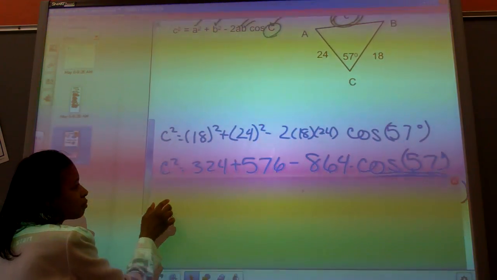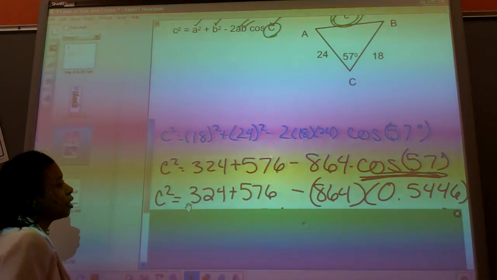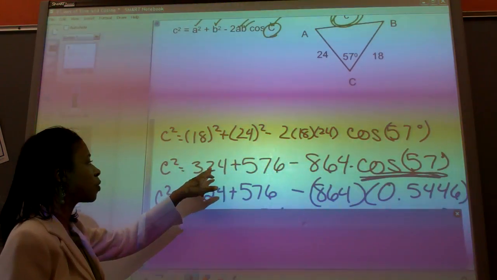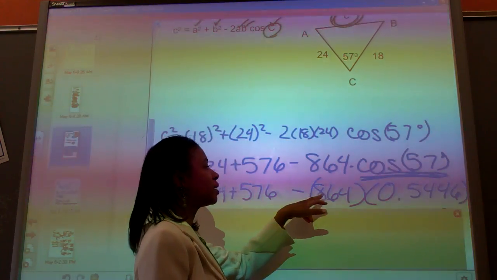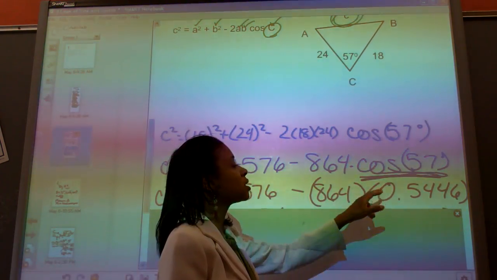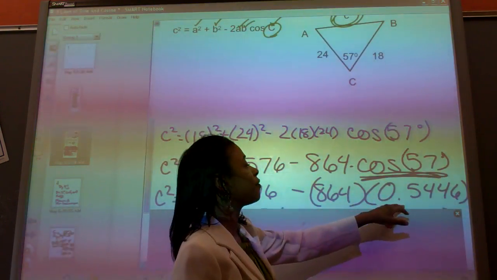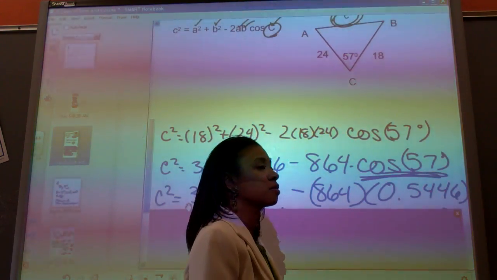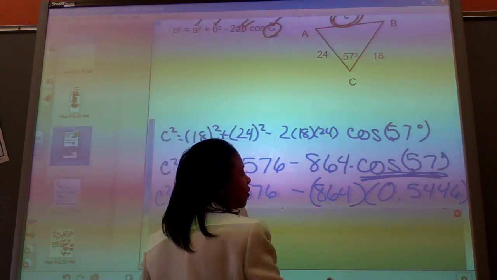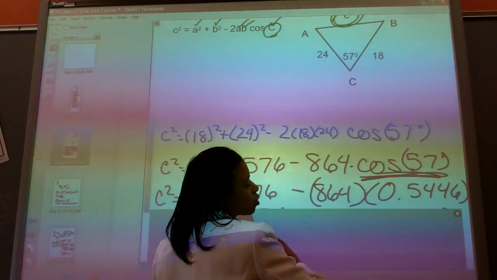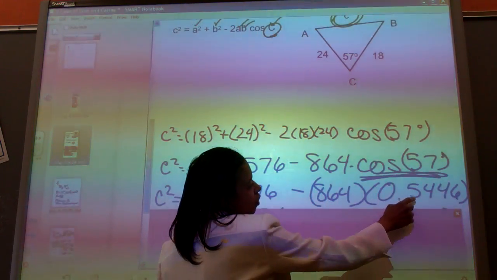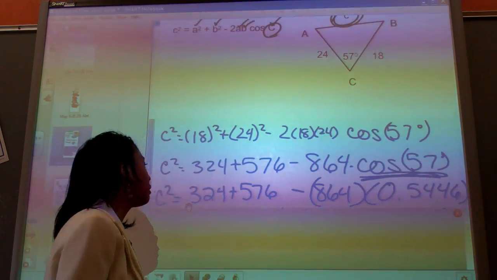Okay? And to do this particular problem here, c squared is equal to, I'm just bringing the 324 down, plus 576 minus 864 times 0.5446. Okay? Because I took the cosine of 57 degrees. These are being multiplied. 864 times the cosine of 57 or multiplied by the 0.5446. Okay?